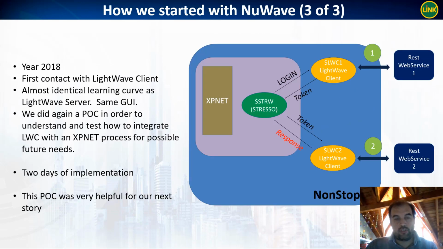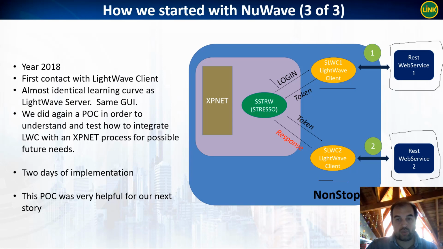A couple of months later, the same year, we started to use LightWave Client. We have the following graph here, where we needed to contact, outside of the NonStop, two web services that were running on Linux. So we created the following architecture. We installed two instances of LightWave Client here and here. We developed a very simple satellite process.